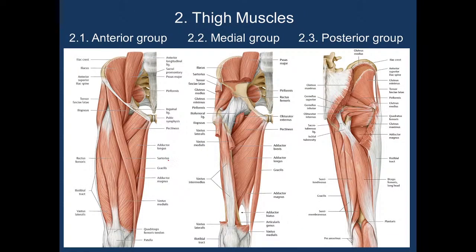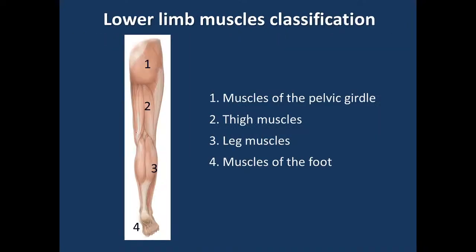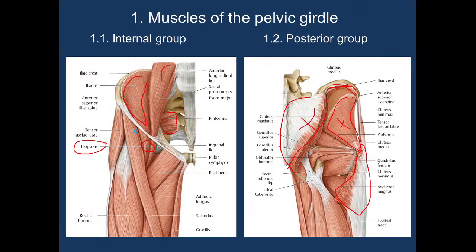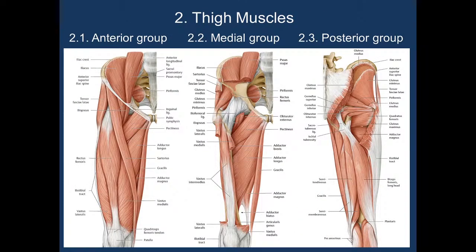Anterior group. It is interesting. The thigh muscles are divided into three groups: anterior, medial, and posterior.